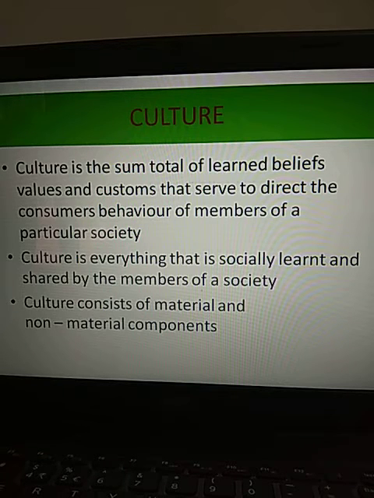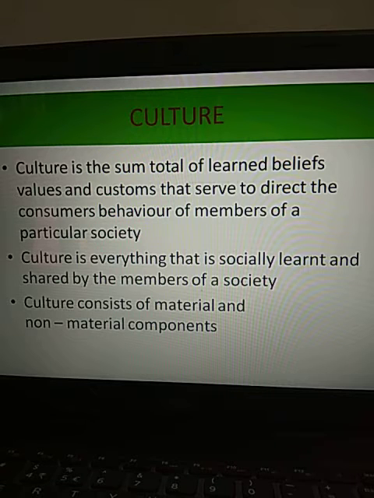Right from the morning till we go to bed, we are going to have different kinds of habits in terms of food, in terms of wearing clothes, in terms of meeting friends. So based upon the occasion, we purchase different kinds of products to fulfill our needs. Hence, understanding the culture is again very, very important.